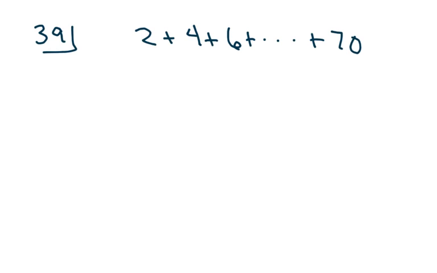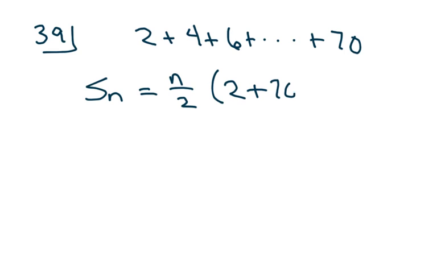Let's do one that doesn't have a sum. So let's do 39. We have 2 plus 4 plus 6 plus dot dot dot plus 70. I'm going to use my formula. We don't know how many terms we have, so we're just going to write 2 plus 70.